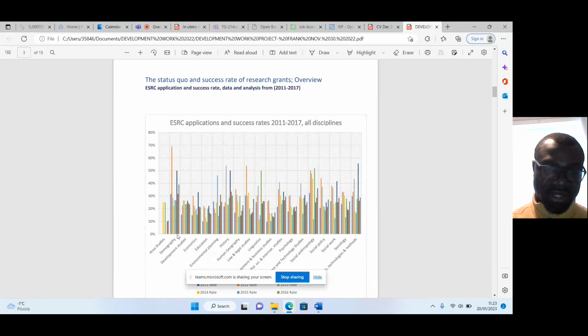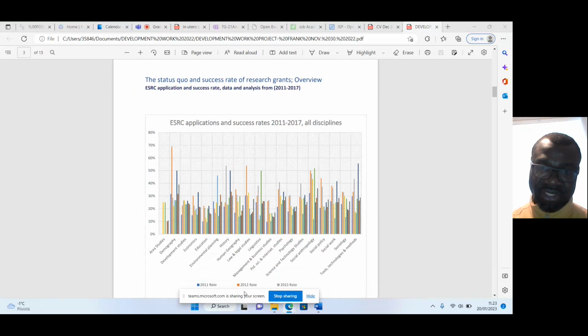But in areas like demography studies, history, law and legal studies, technologies and methods, and social anthropology, we could see that the funding rate has been very high. But when you consider research fields like management and business studies, you could see that it has been very low.